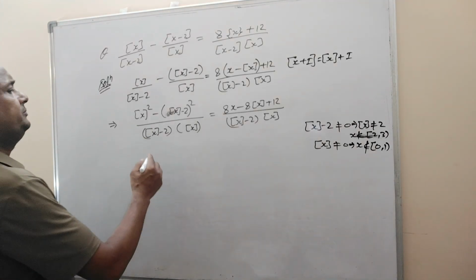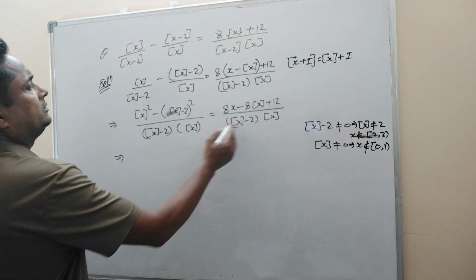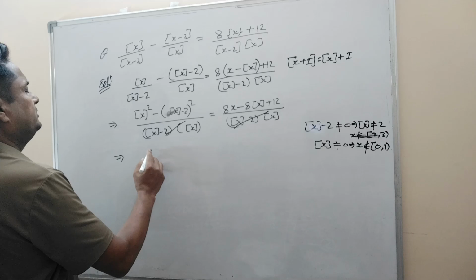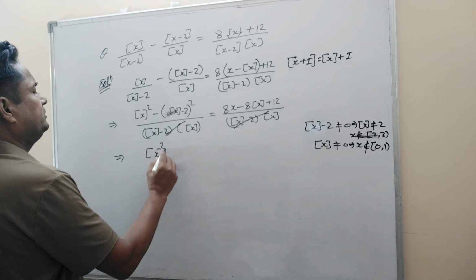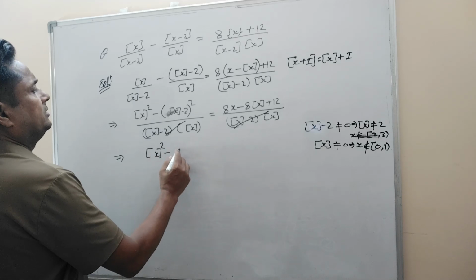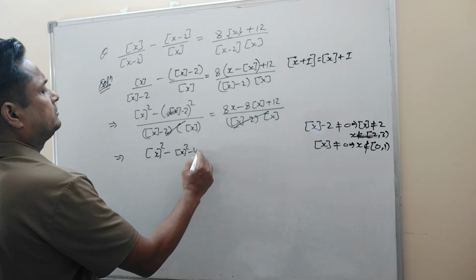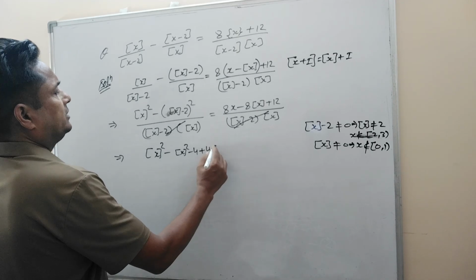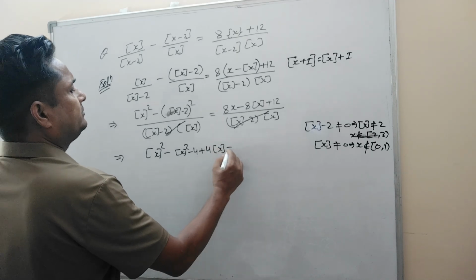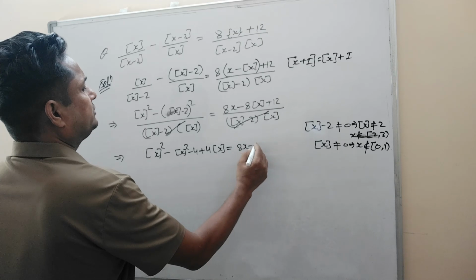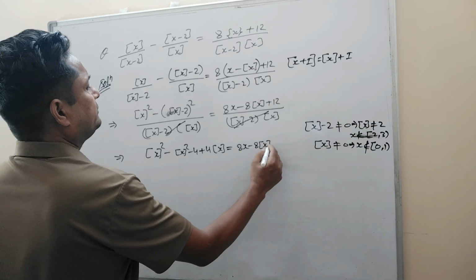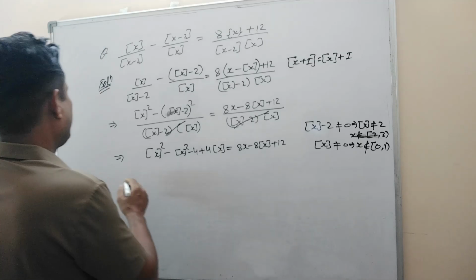So from here we cancel out, and this is greatest integer of x whole square minus greatest integer of x whole square minus 4 plus 4 times greatest integer of x is equal to 8 times x minus 8 times greatest integer of x plus 12.